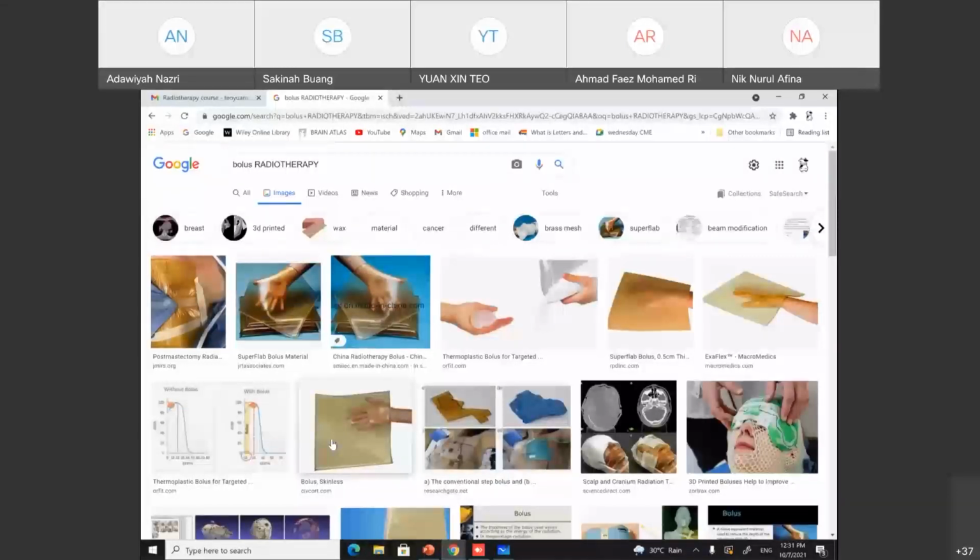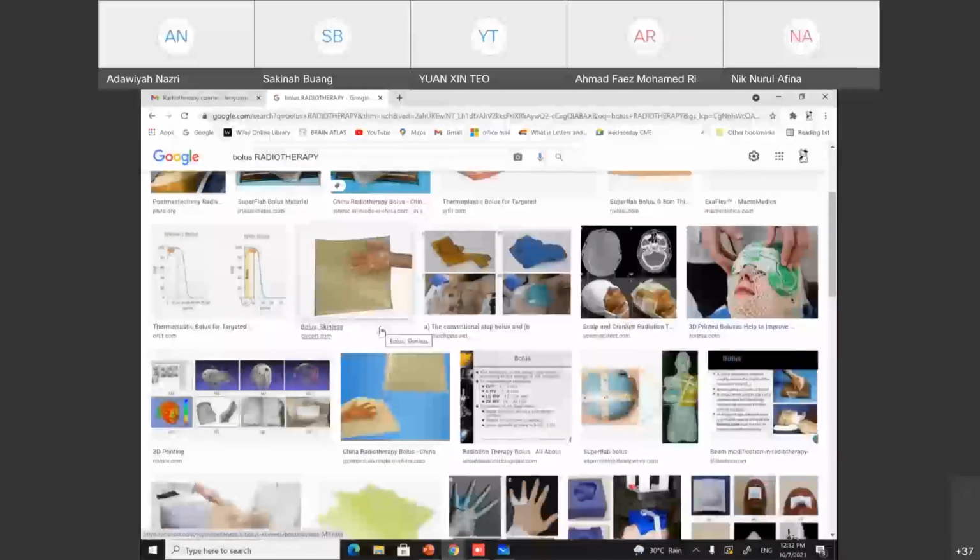So for breast we will use this one. For the others, customized, we can actually use white gauze. When you have an injury we put the white gauze, wet it up, put it in the water, because water is water equivalent with density 1, so we will use that type also.